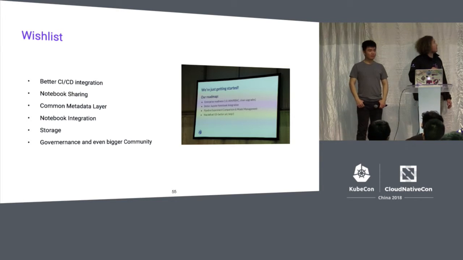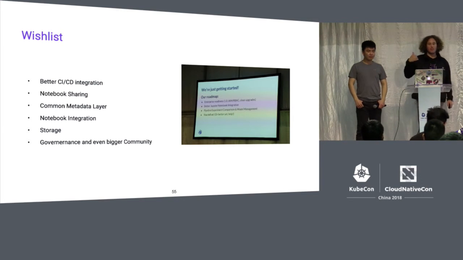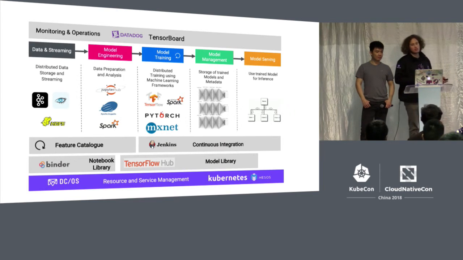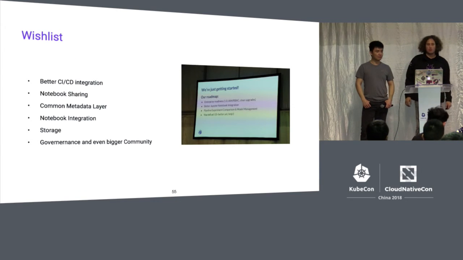And what I also believe in is that we need a common metadata layer. Having different components storing the metadata, for example, ModelDB, we also have metadata which we gather from experiments. Having a common metadata layer across this entire infrastructure is going to be so helpful in sharing that data and being reproducible.